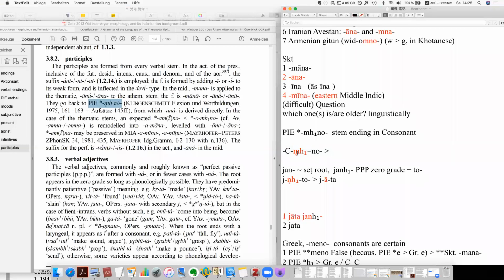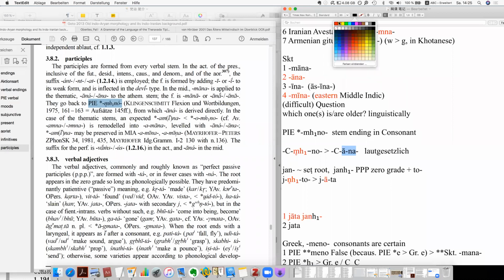So to long A, and then again to long A. And no becomes na in Sanskrit. So this is correct, this is lautgesetzlich. Lautgesetzlich means it is regular according to the sound law.